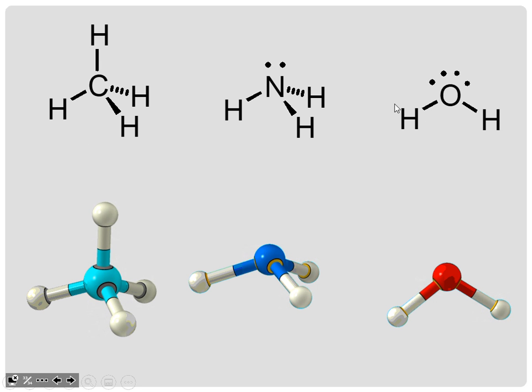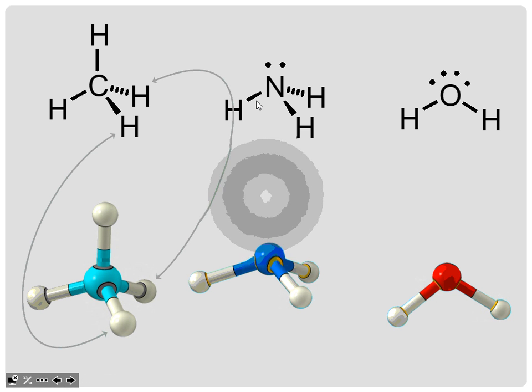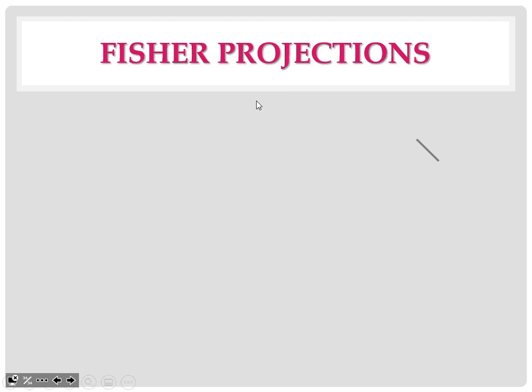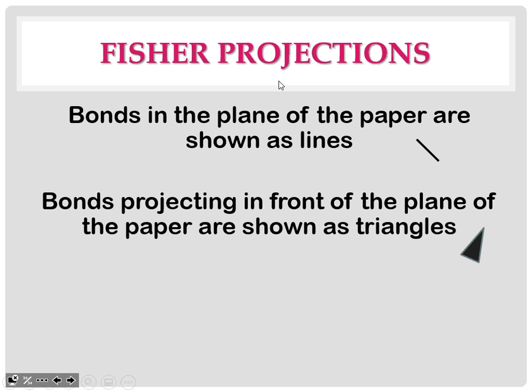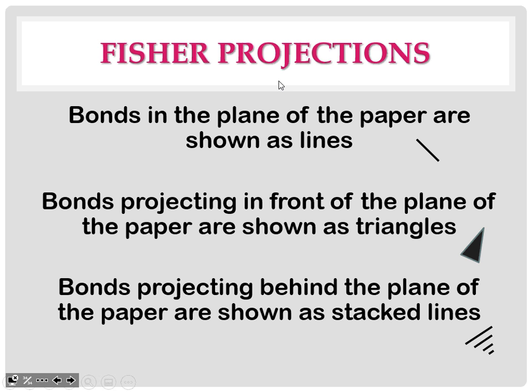Well, look up here. I have the dashes, I have the wedge, and I have the lines. So on my Fisher projection, a bond is on the plane of the paper. A wedge or a triangle is projecting in front of that plane, and the stacked lines are projecting behind that plane.